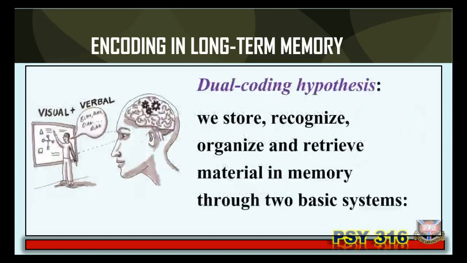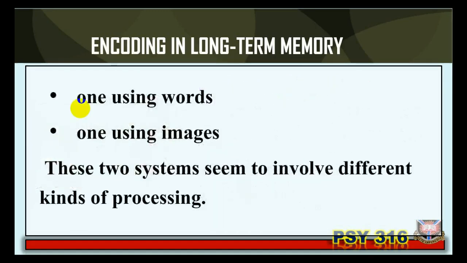4. Dual coding hypothesis. Other research has shown that we store, recognize, organize, and retrieve material in memory through two basic systems, one using words and one using images, and that these two systems seem to involve different kinds of processing.